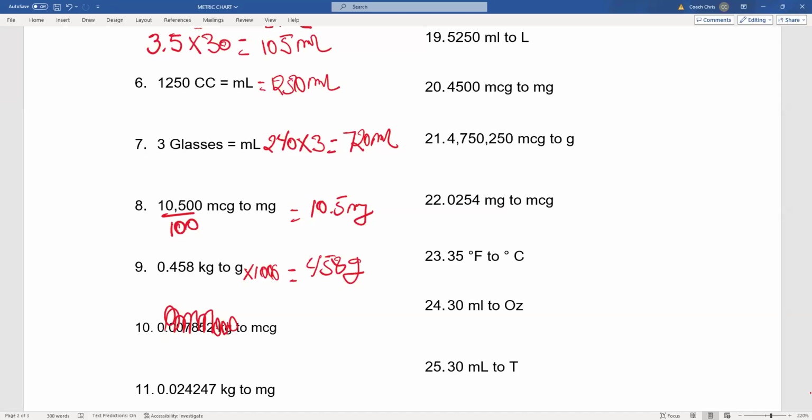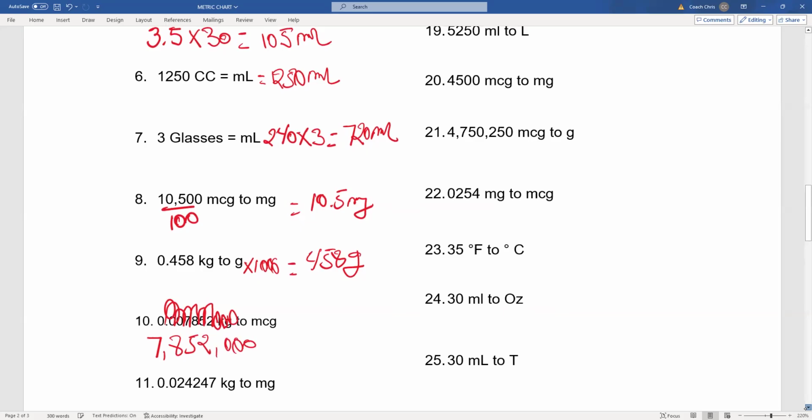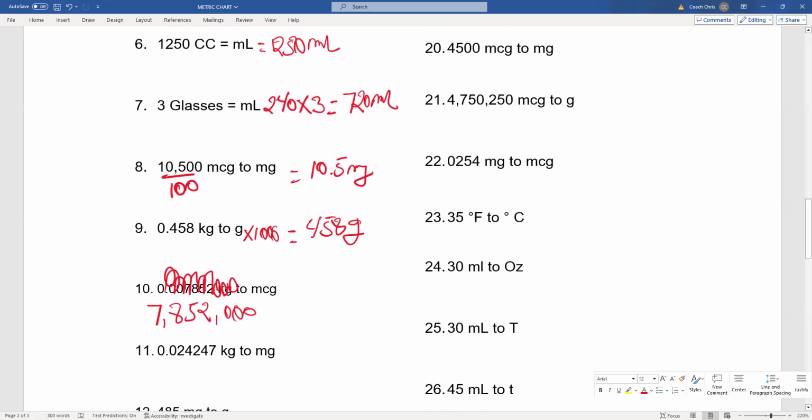So your answer that 7,852,000. This is your answer right there. All right. So kilogram to milligram, you will have to multiply by 1,000 because that's 2 steps. Left to right to multiply. So you multiply that one by 1,000, by million.